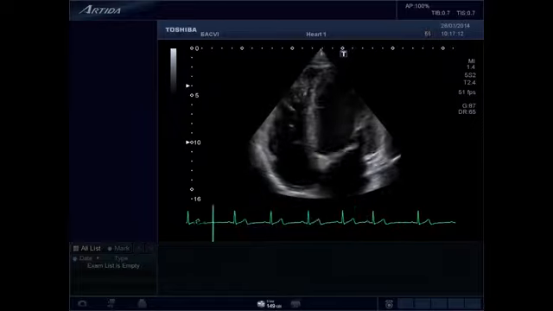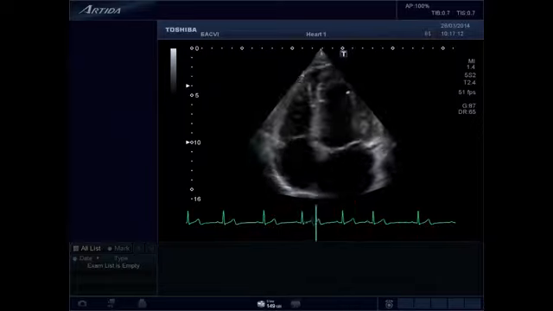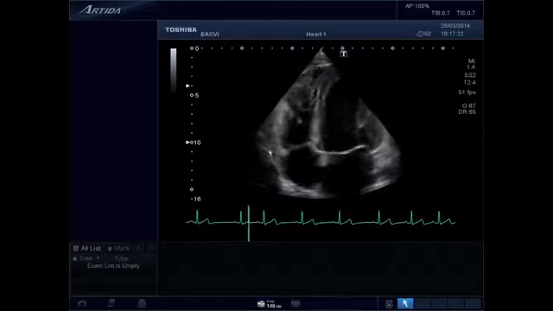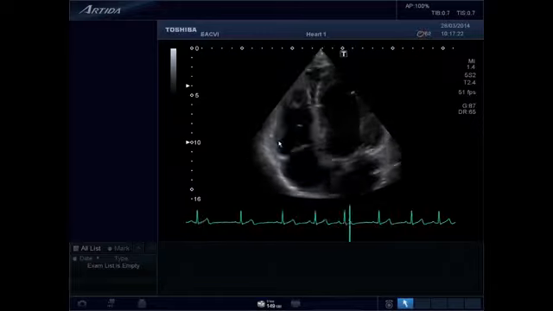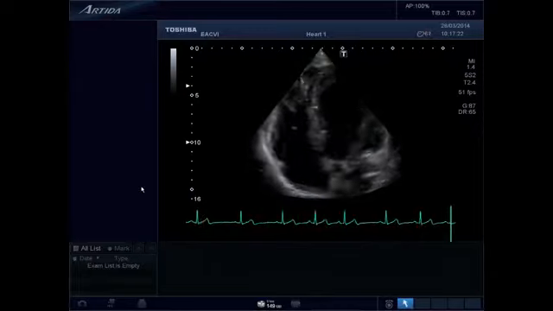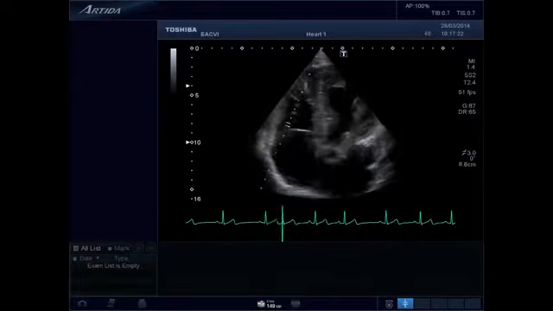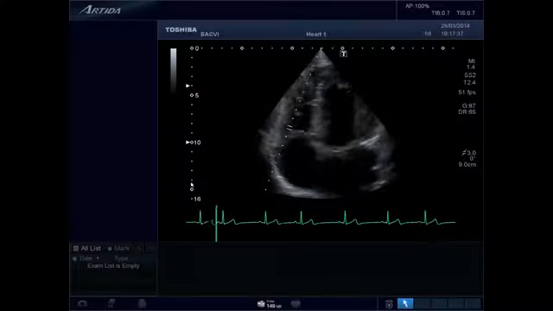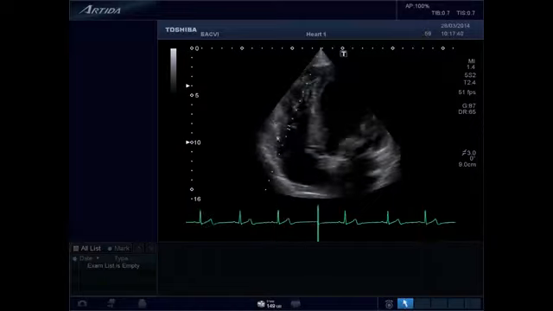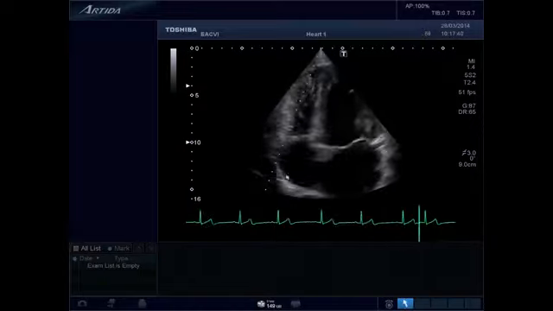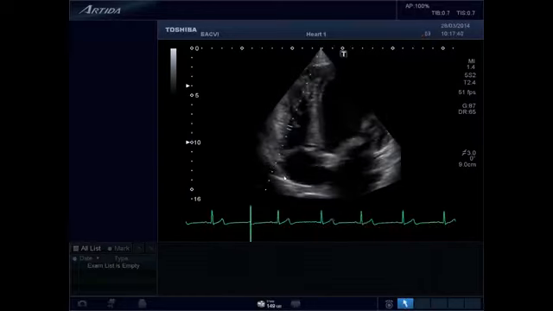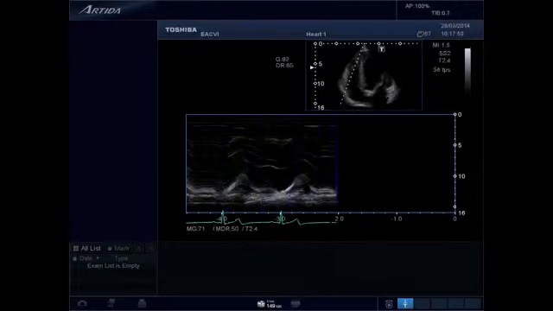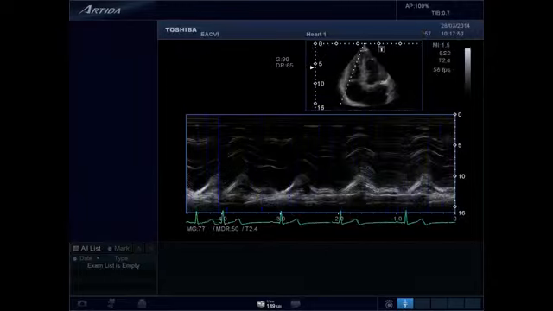So I try to obtain a 4-chamber view, but with all the right ventricle well seen, and I will put the cursor really at the junction of the lateral right ventricular wall and the right atrium, here you can see it, and I will do the acquisition like this. Sometimes I have to increase the gain.